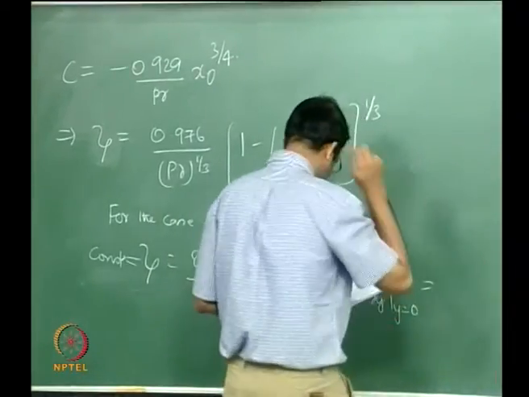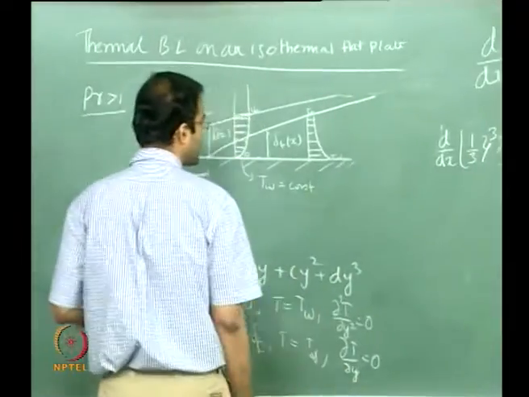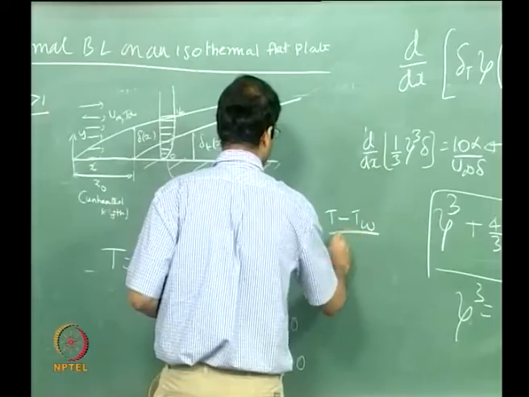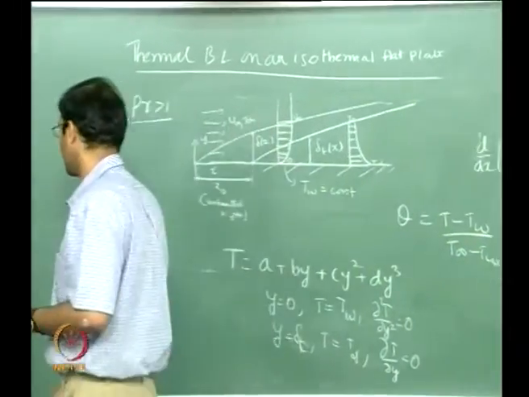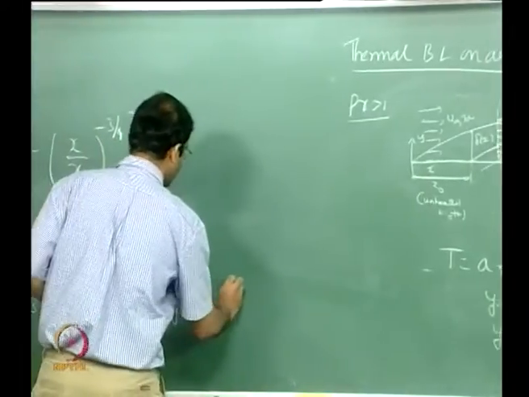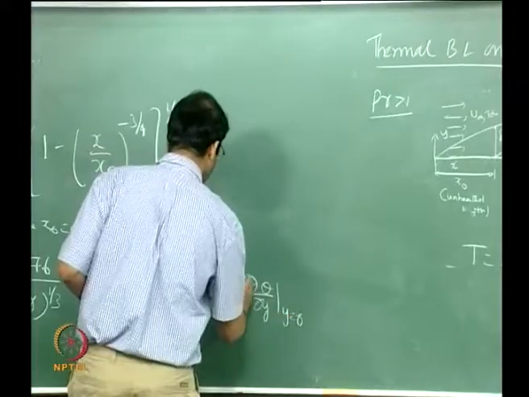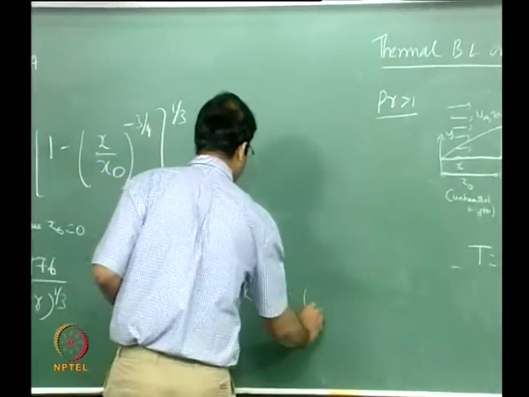So dT by dy at y equal to 0 can be written, of course if you remember your definition of theta, T minus T wall by T infinity, as d theta by dy at y equal to 0 multiplied by T infinity minus T wall.